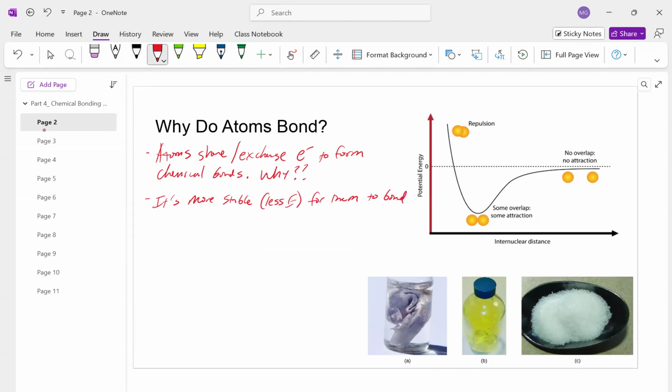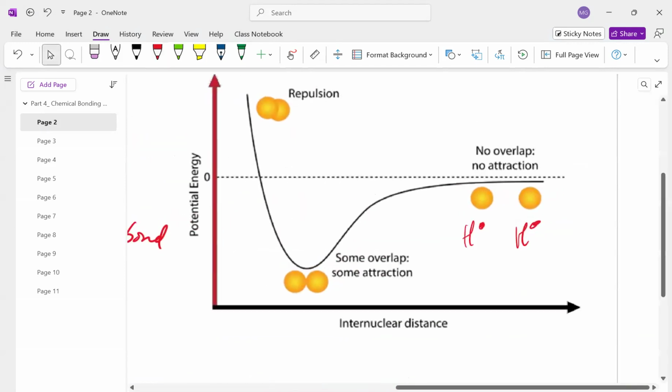And let's take hydrogen, for example. So here on the right, we have two hydrogen atoms, and they each have their single electron. At this point in the diagram, we're going to assume they're a far distance apart.